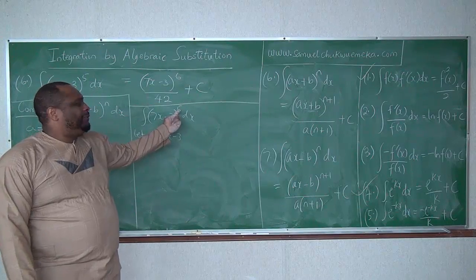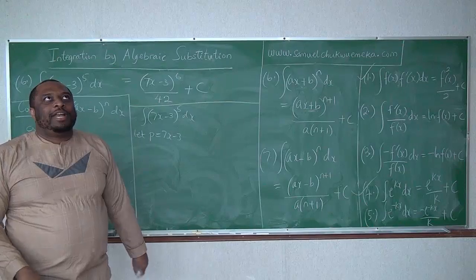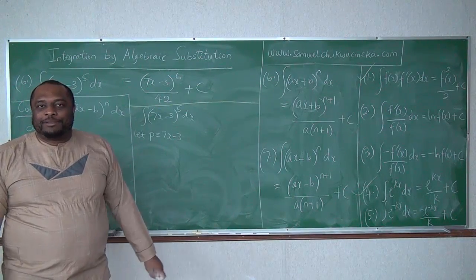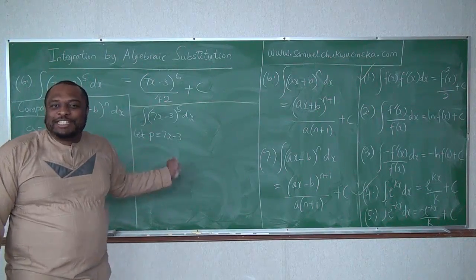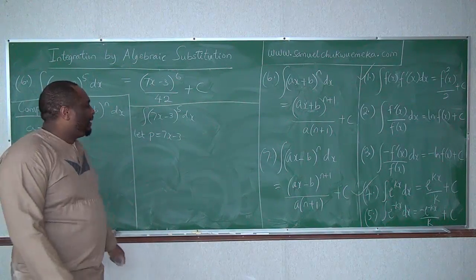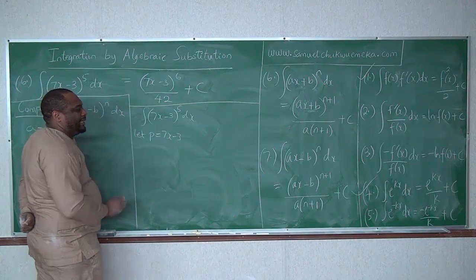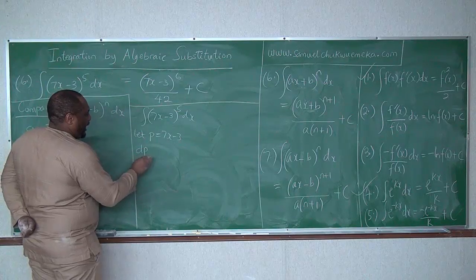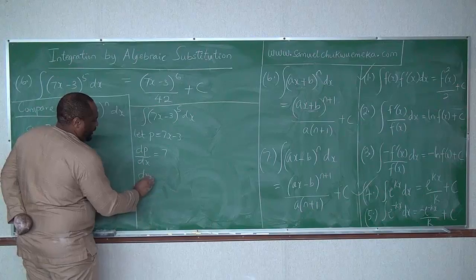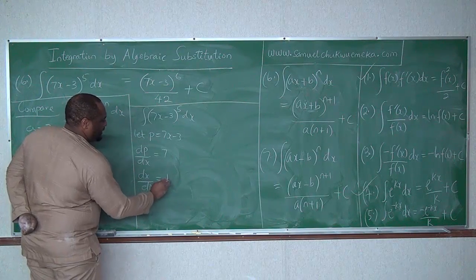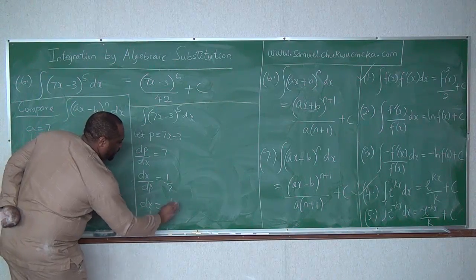But when they put 50 or 100, you cannot do that unless you use a binomial expansion formula. Come on. Doing algebraic substitution, let p be 7x - 3. Then dp/dx is 7, so dx is dp over 7.